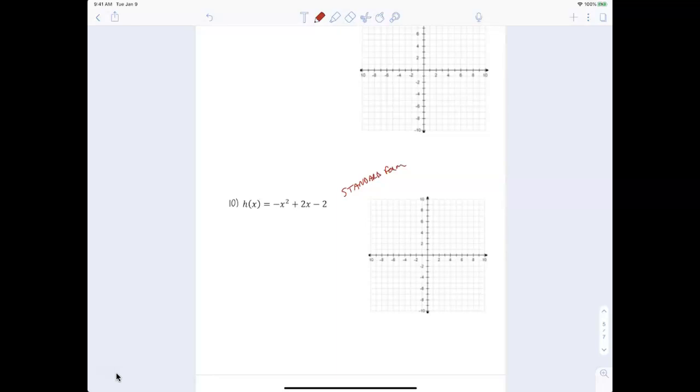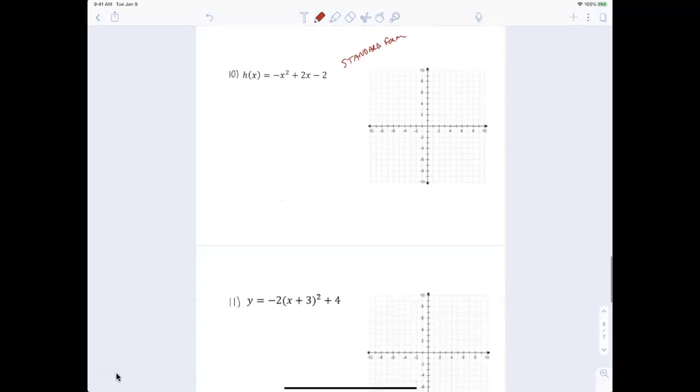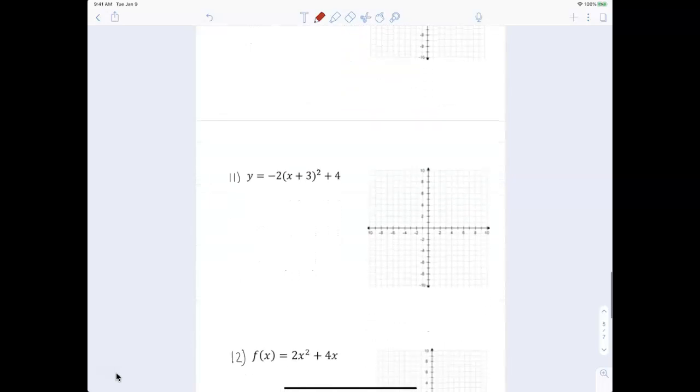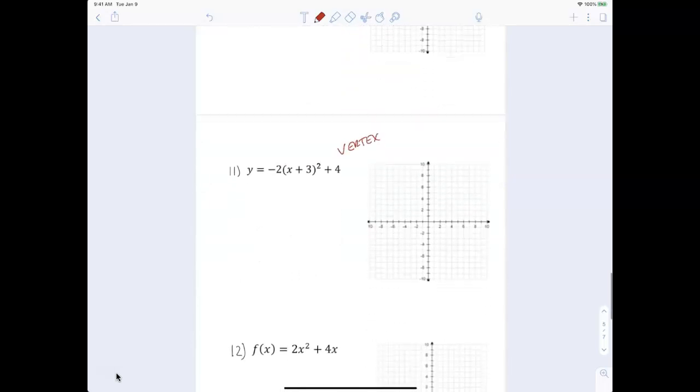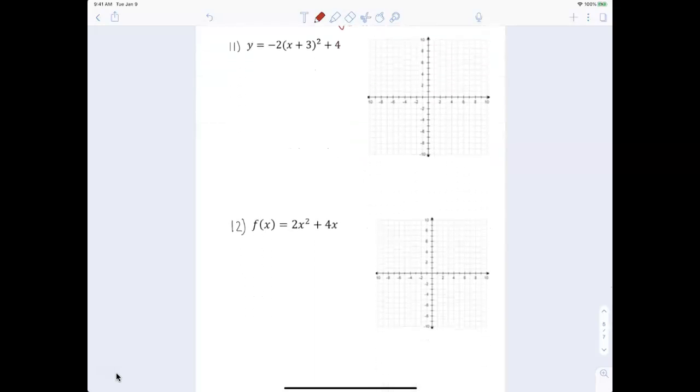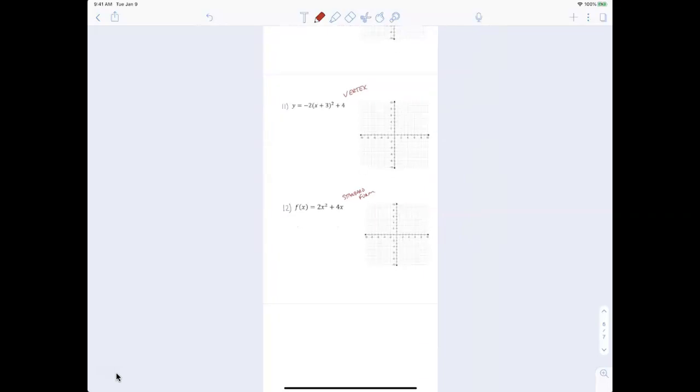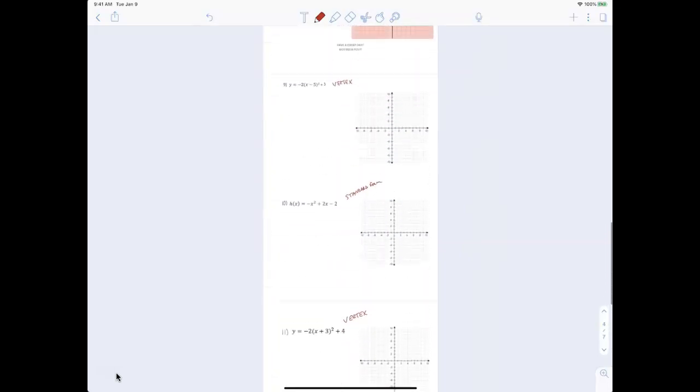I want you to try that one on your own. And then number 11, there's another vertex form. And then number 12, that is a standard form. So you have those problems to do on your own.